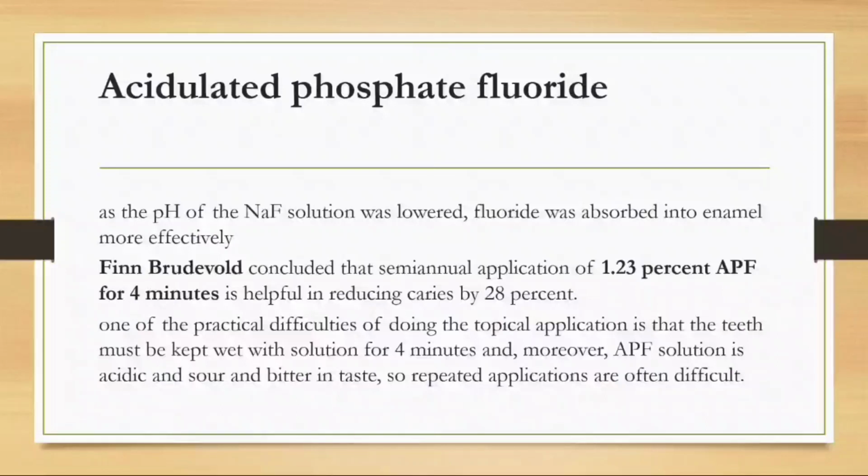If one person consumes it, he might die. We can manage it by providing milk or other material because it is a binder, or we can induce vomiting, or take other measures, like taking the patient to hospital. So that was about toxicity.